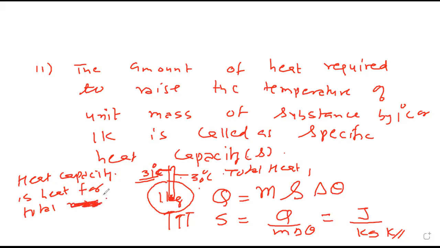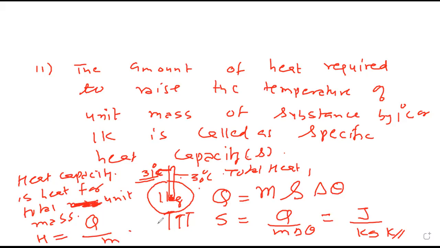Specific heat capacity is heat for unit mass. So if Q is total heat, then specific heat capacity will be Q upon mass.